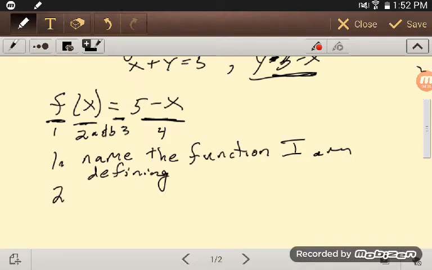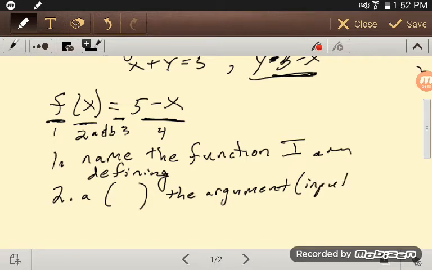Then second, the reason I have an A and a B is, A, the parentheses say the argument of the function, or you all might call it the input. I might call it the input.